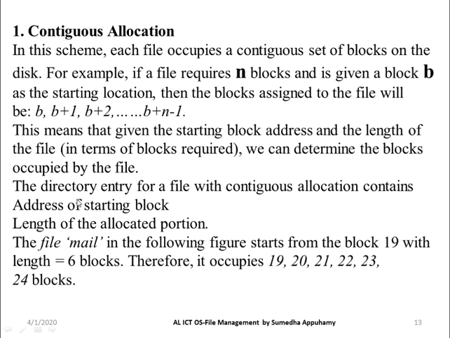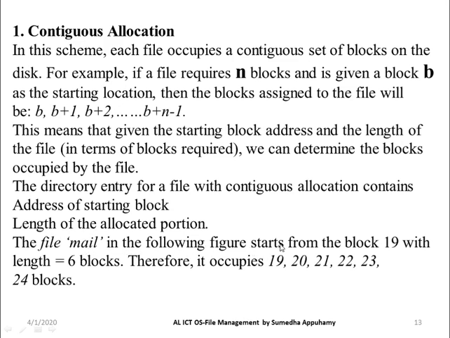The directory entry for a file with contiguous allocation contains the address of the starting block and the length of the allocated portion. Now we have a file called mail.